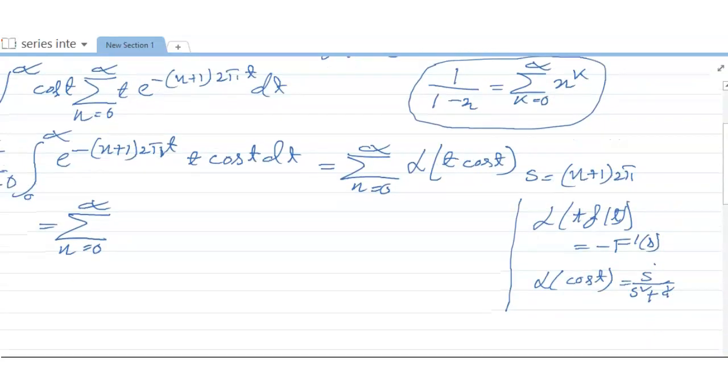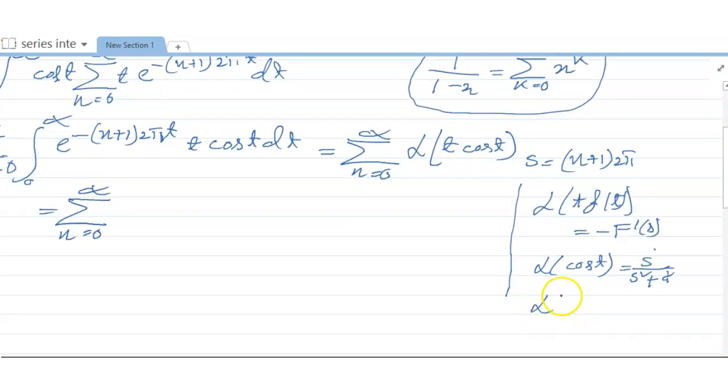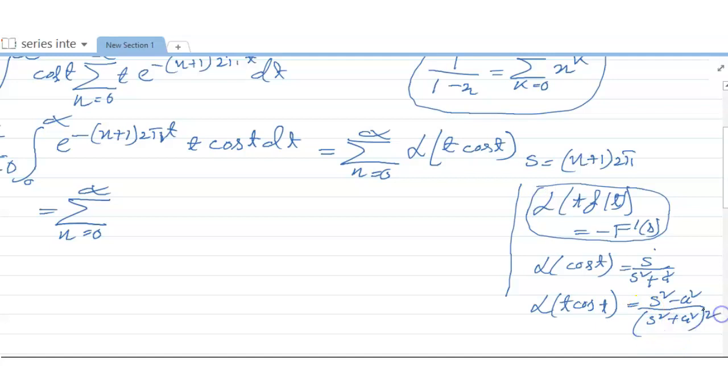And L of t cos t is equal to (s square minus a square) divided by (s square plus a square) whole square, applying this formula f dash s.